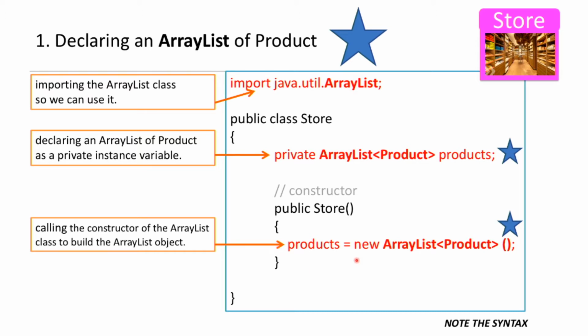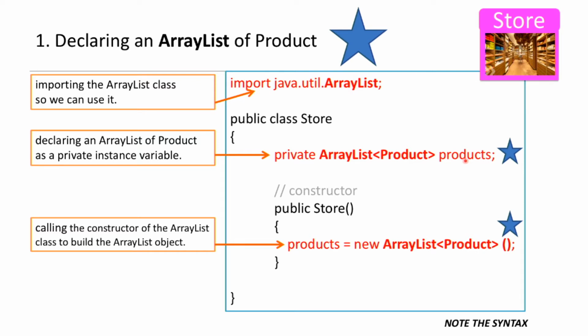Remember, what's important here is we have the new keyword, the ArrayList of product, and then the brackets after. This is what is going to invoke the constructor method to initialize our products object variable, which we declared up here.